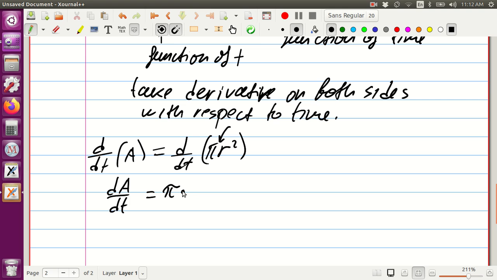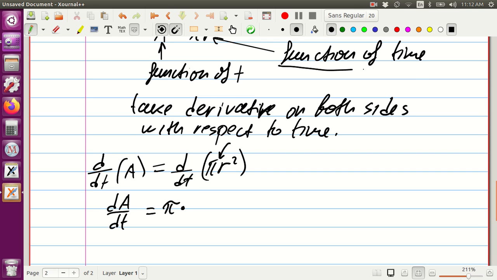Now we have to find the derivative of r squared, but remember, r is not just r, it is a function of time. So we have a function raised to the power 2. Therefore we need to use the chain rule. The chain rule says take 2, put it down, multiply by the function, and then multiply by the derivative of the function. But for the derivative of the function, since we don't really want to use prime notation, and I'll make a few comments on this later, we're going to write it as d dt of r.